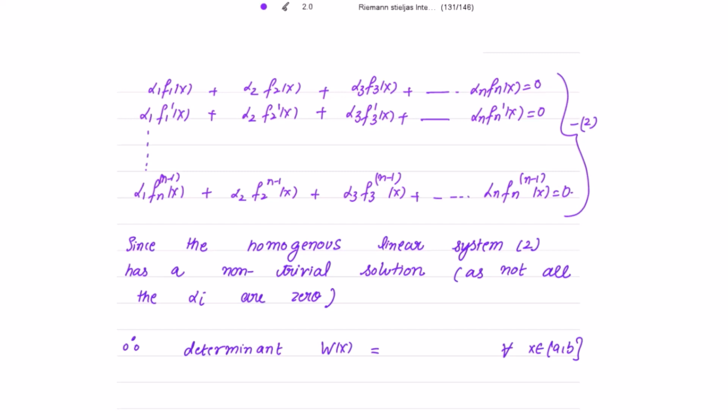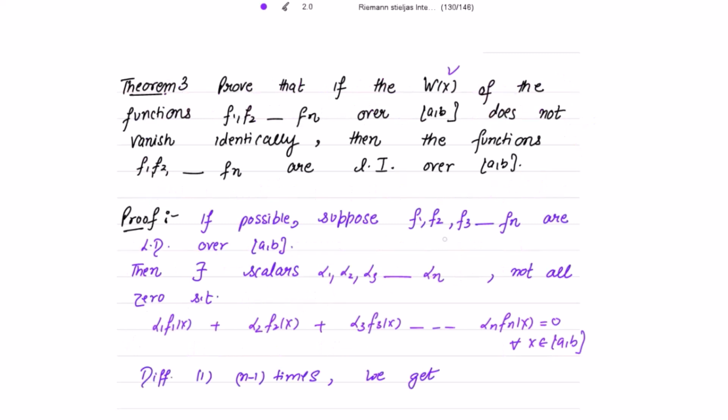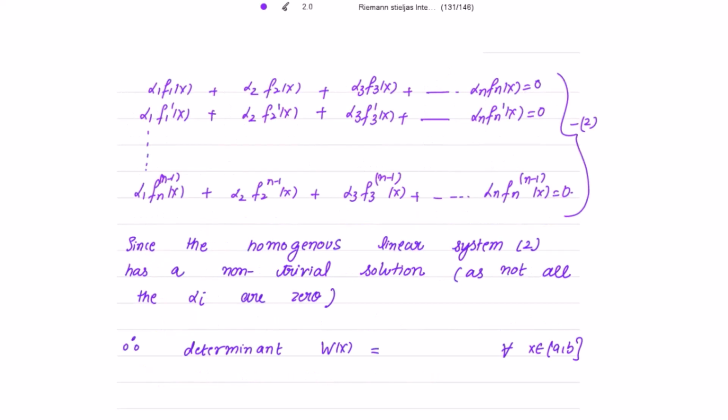Now since the homogeneous linear system 2 has a non-trivial solution, as not all alpha i's are 0, because we have supposed that these functions are linearly dependent. Remember, non-zero, non-trivial solution, both have the word non.